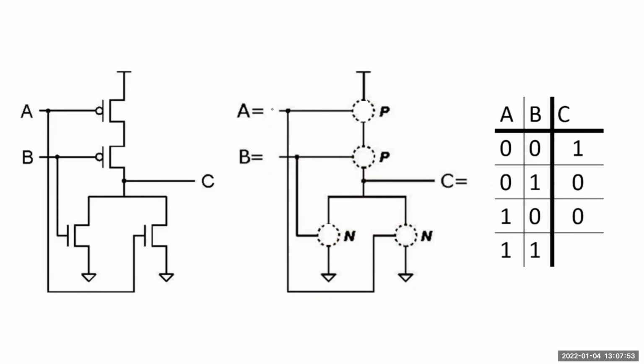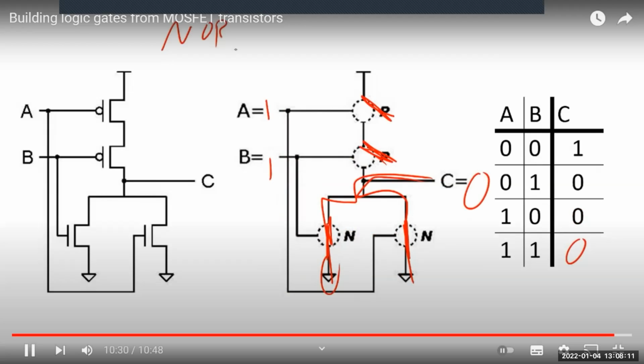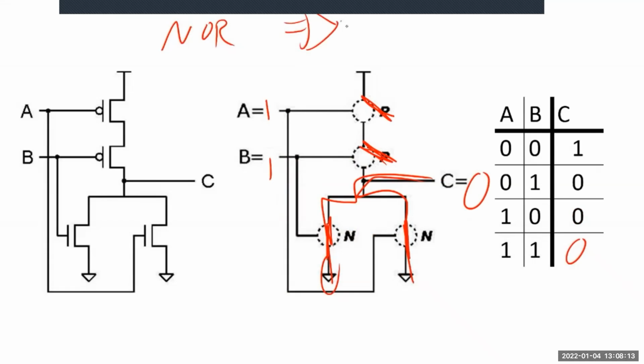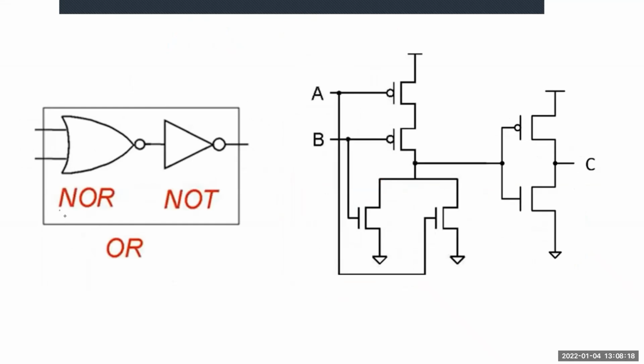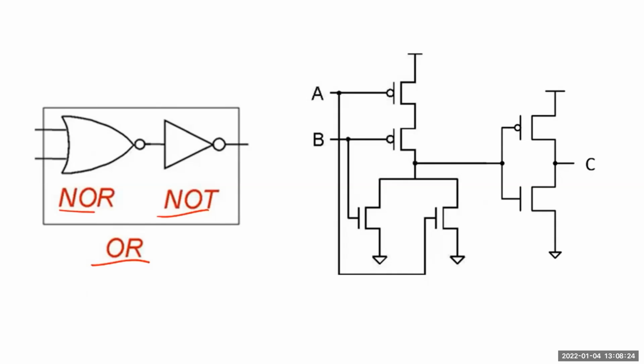And then when we put both of these as 1, both of our PMOSs will be open and both of our NMOSs will be shorted, so we have 2 paths from ground to the output, so our output will be 0. And this again creates our NOR gate, which has the circuit symbol NOR. And we can combine NOR with NOT to create OR. And just like our NAND, we generally will prefer to use NOR gates exclusively in our designs rather than using AND, ORs, and NOTs.